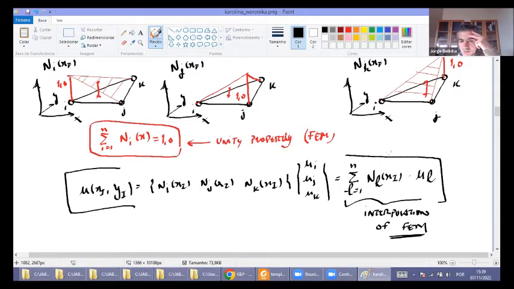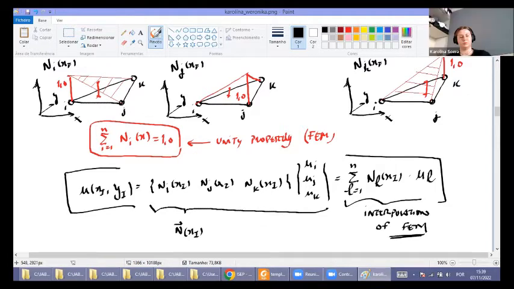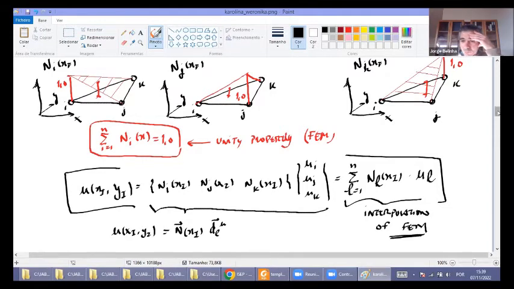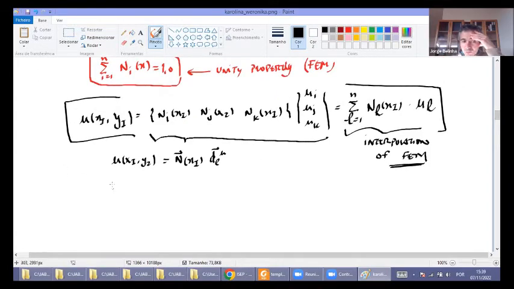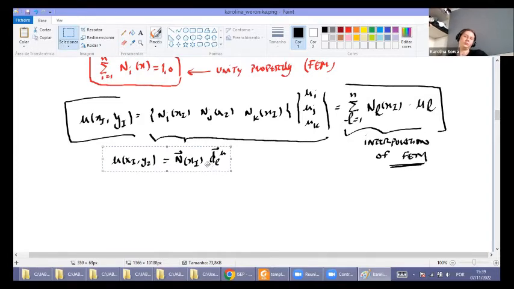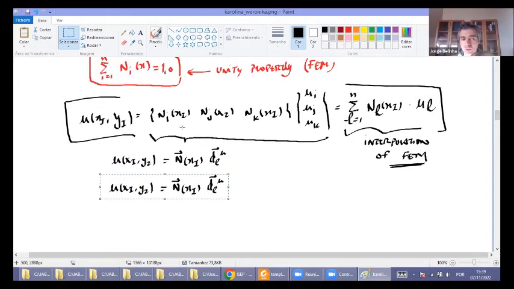This is a sum, but generally we choose to write it with vectors. We only write this for our u, but if you do the same, you'll see that for v it will be exactly the same expression. And whatever variable you have, for example, if in each node you have temperatures, that doesn't change.